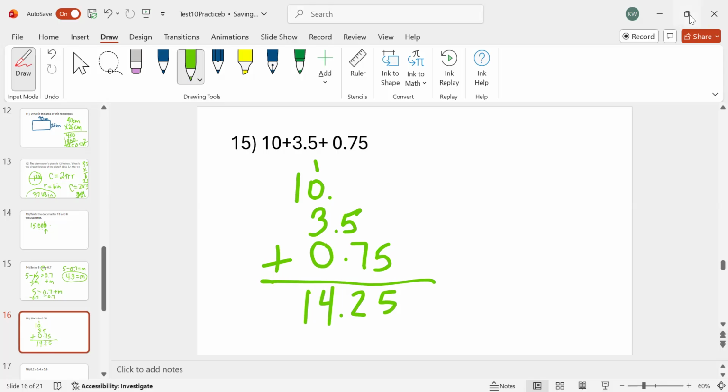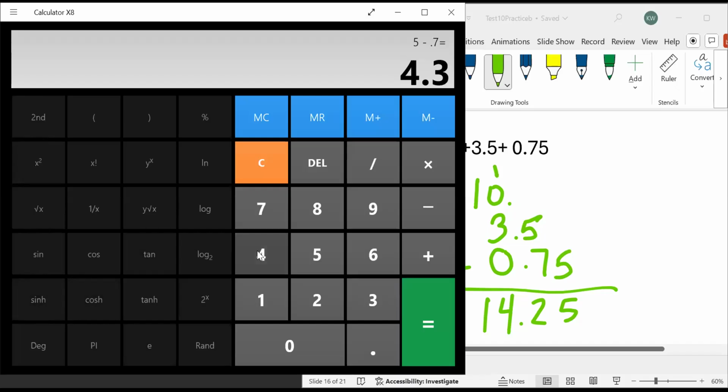This is one of the things that calculators are super great at because you can just type them all in. You don't have to worry about lining them up because the calculator will keep that straight for you. So 10 plus 3.5 plus 0.75 equals. Oh, see why that came up wrong?